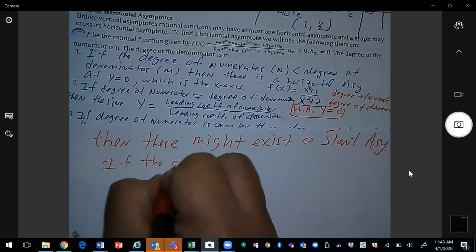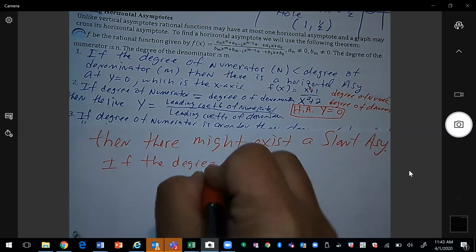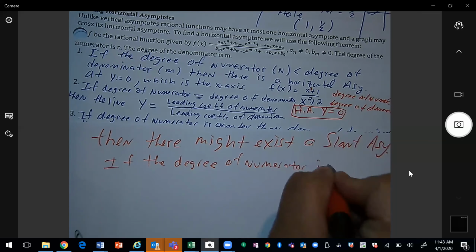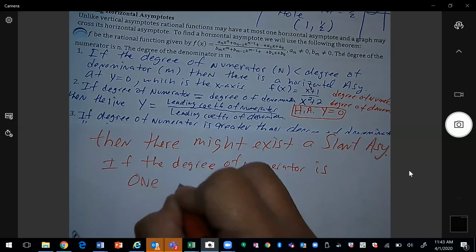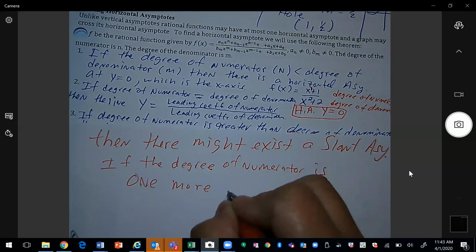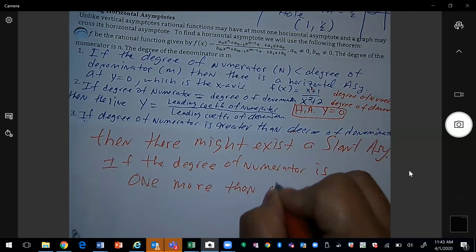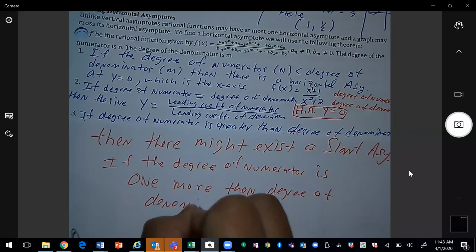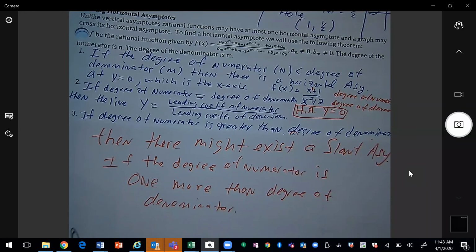If the degree of the numerator is 1 more than the degree of the denominator, then that's how you know it's going to have a slant asymptote.